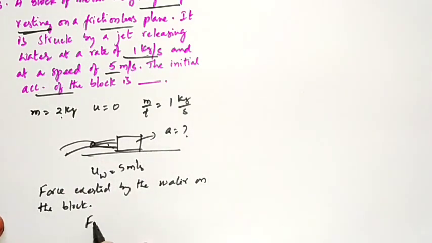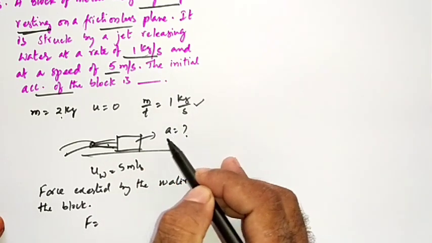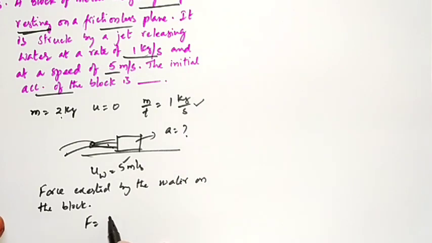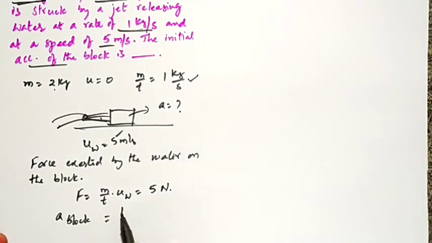See that force exerted by the water is how much? Mass of the water per second into speed of the water. That is m by t into u water. That is 5 into 1, that is 5 Newton is the force. Now what is the acceleration of the block? Acceleration of the block is equal to force applied by the water divided by mass of the block.